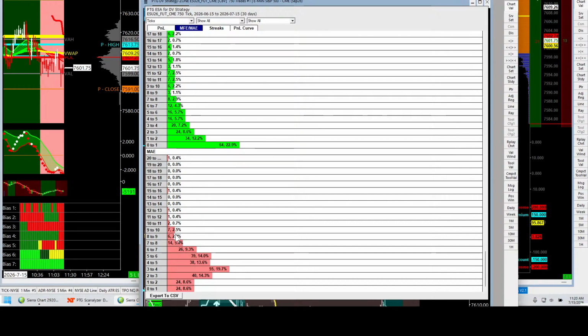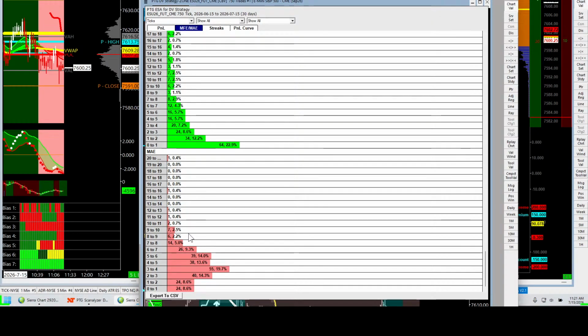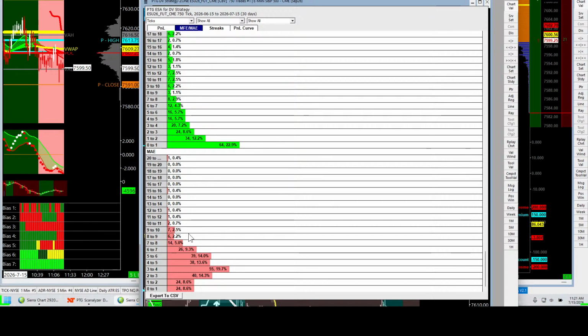But the point is, now you can see 9 to 10, 10 to 11, 11 to 12. The frequencies of those drop off dramatically, don't they? So a stop at maybe 9 to 10 or 10 to 11, because they're less frequent, there's going to be less chance of getting stopped out.